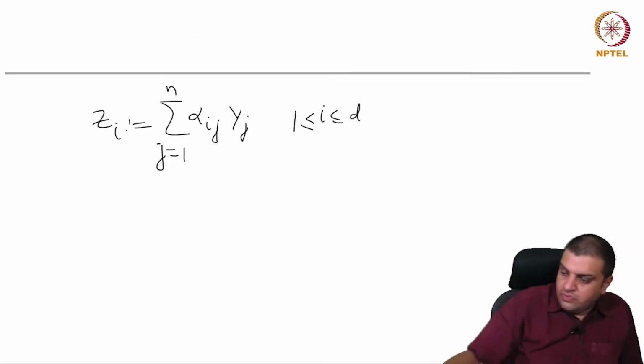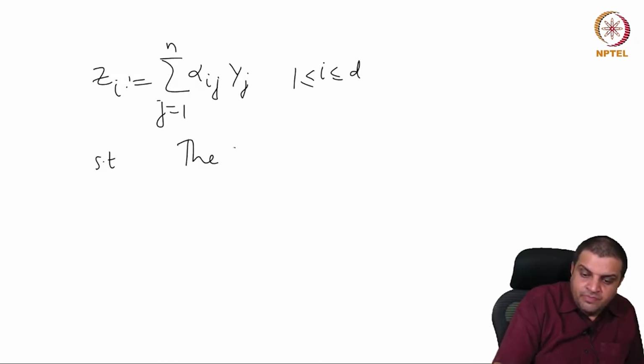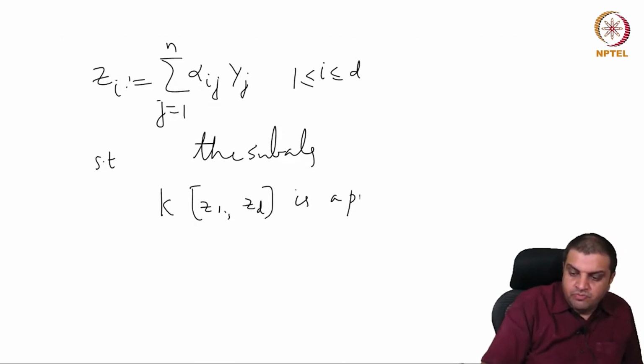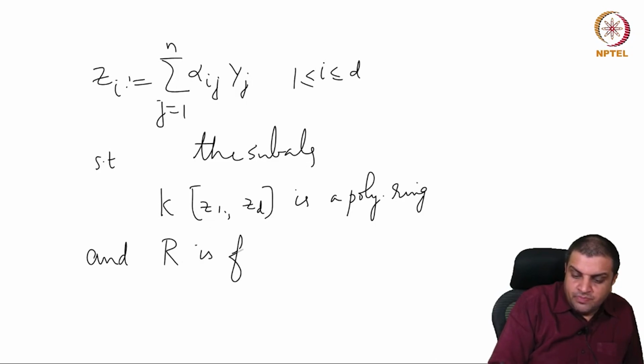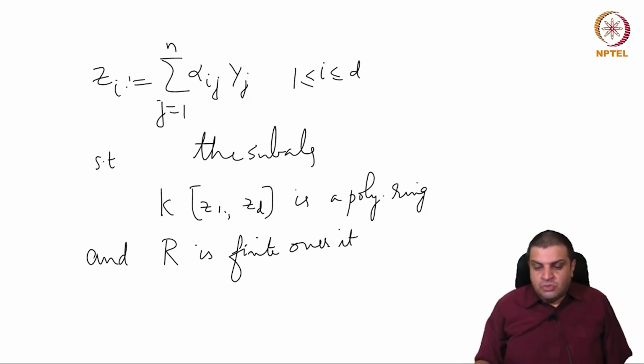then there exist such that the subalgebra generated by them is a polynomial ring, and R is finite over it, as a finite morphism of rings.